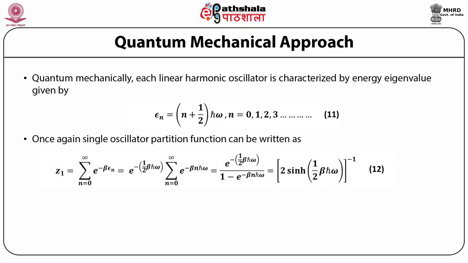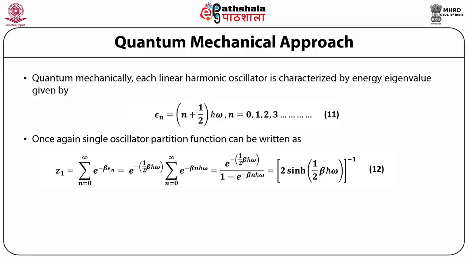Once again, the single oscillator partition function can be written as Z1 equal to the sum over n from 0 to infinity of e raised to the power minus beta epsilon_n, which is equal to e raised to the power minus half beta h bar omega, times the summation over n from 0 to infinity of e raised to the power minus beta n h bar omega.